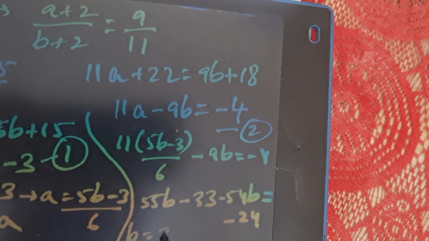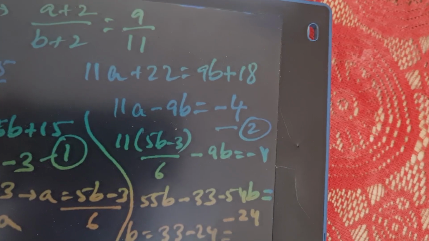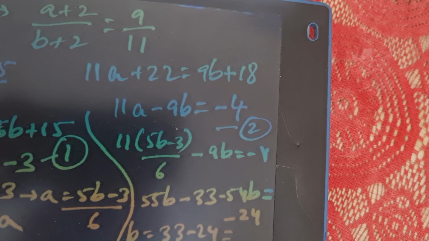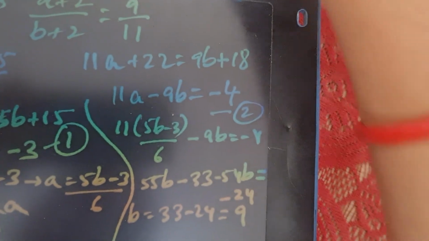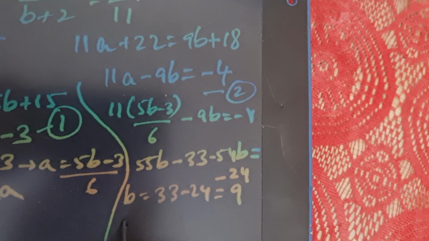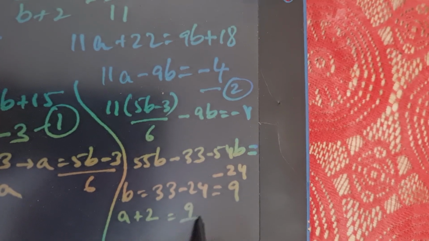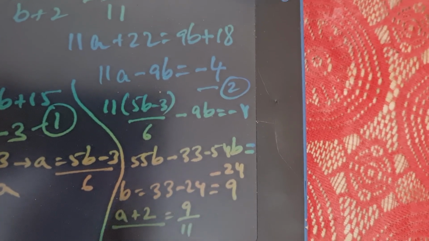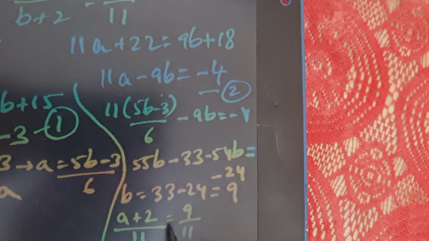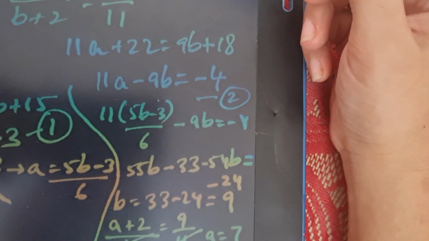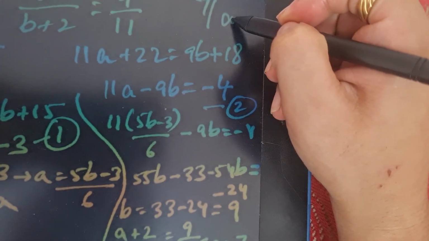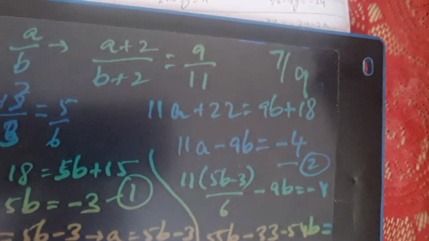So b is equal to 33 minus 24, so it is 9. a plus 2 by 9 plus 2 is equal to 9 by 11, divided by 9, 10, 11. So a is equal to 7. So the fraction is 7 by 9. Okay, now the sixth part of this question, the last part.